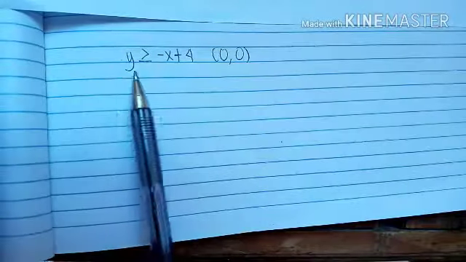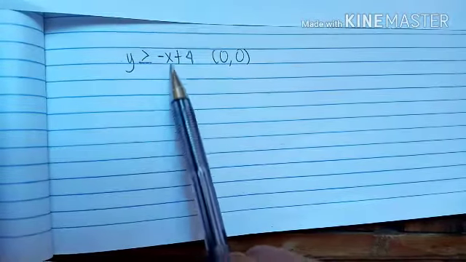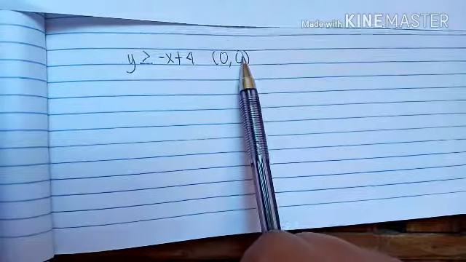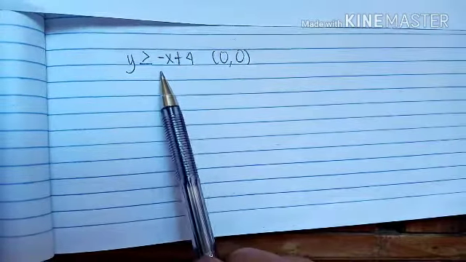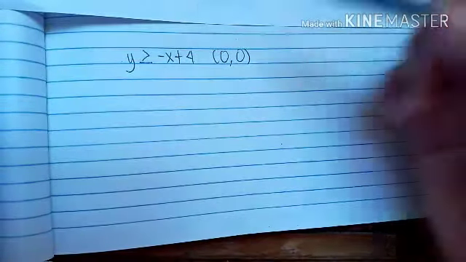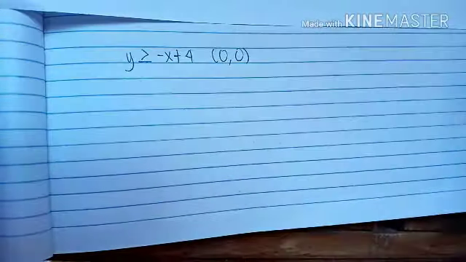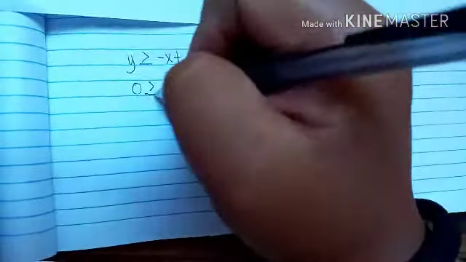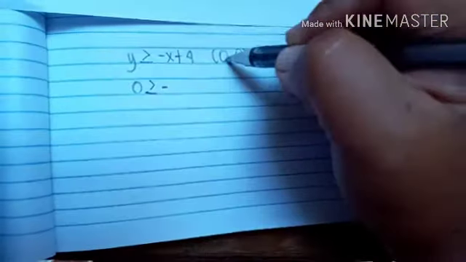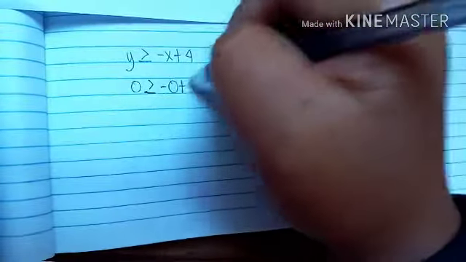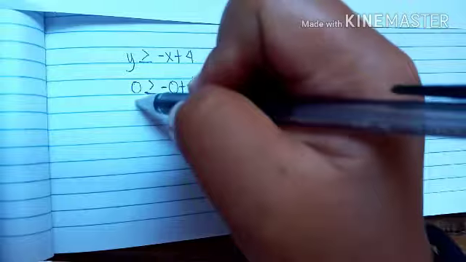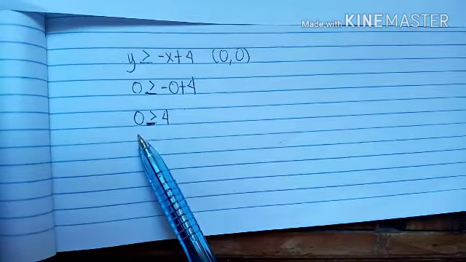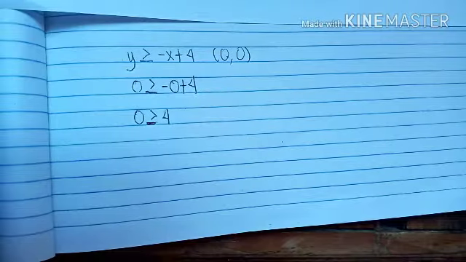Since we have the inequality y ≥ -x + 4, let's substitute 0 and 0 to find out if it satisfies this inequality. Since y is 0 here, that would be 0 ≥ -0 + 4, that would be 0 ≥ 4.